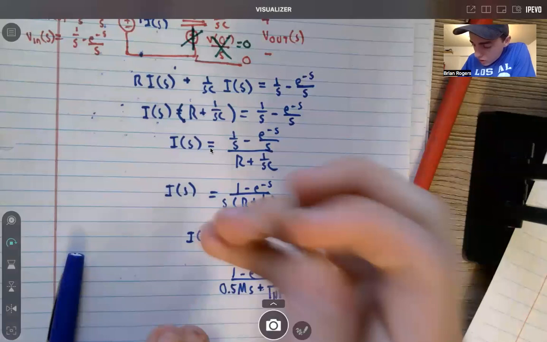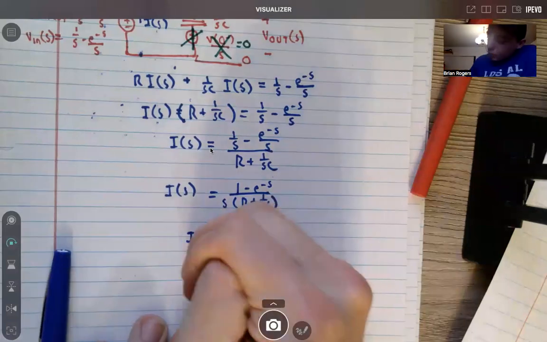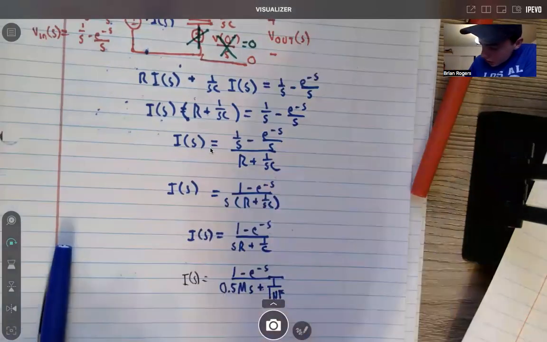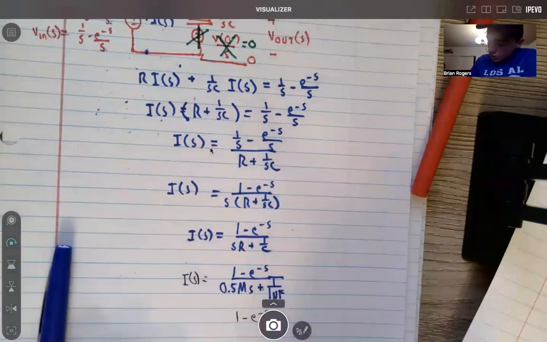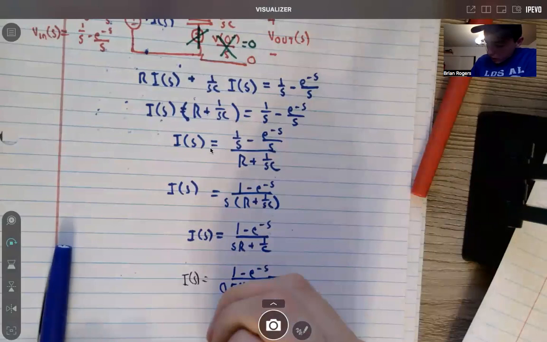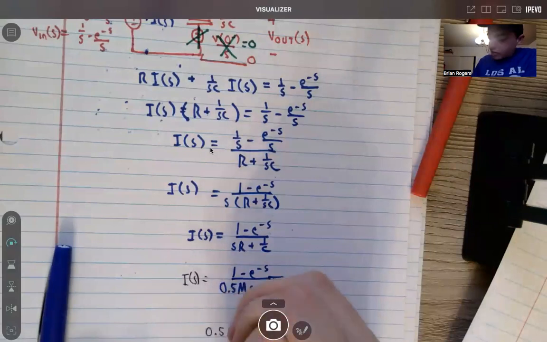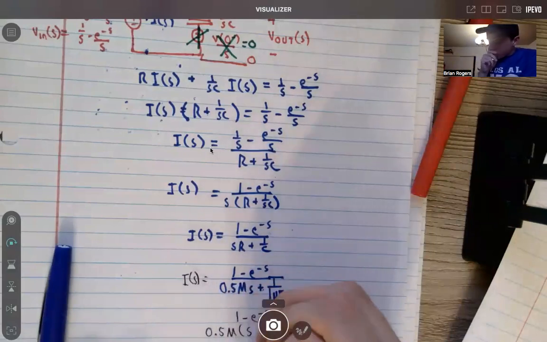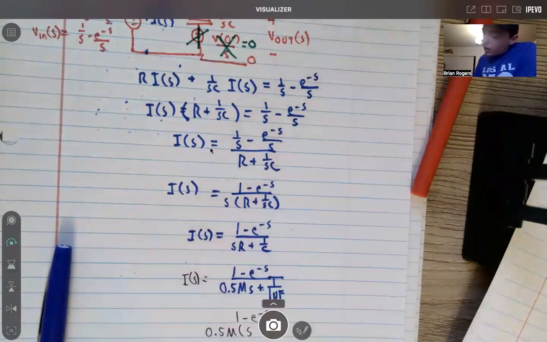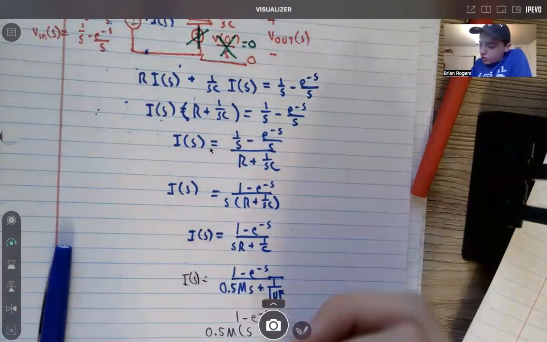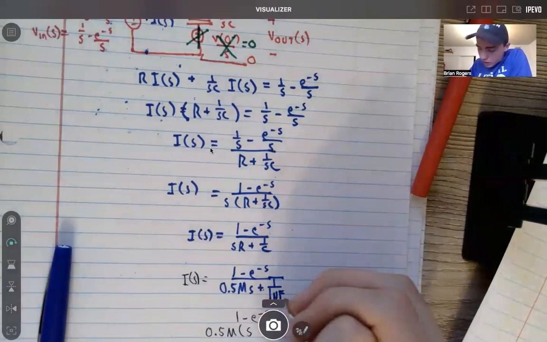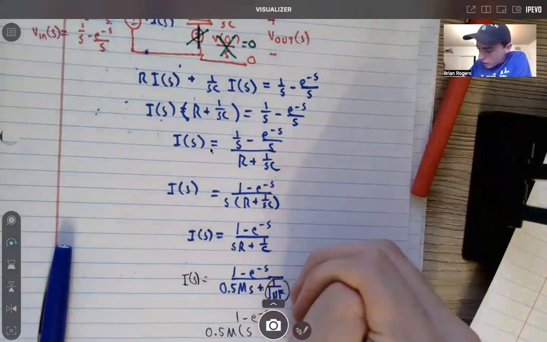So we've got 1 minus e to the negative s, and then let me bring out this 0.5 mega ohms, and so it'd just be s. And then here I'm going to have plus, and then I took out this. When I looked at my calculator, this value was 1 mega ohm.